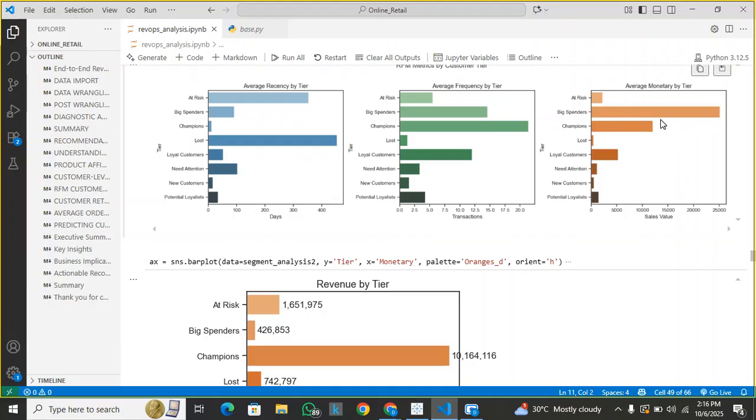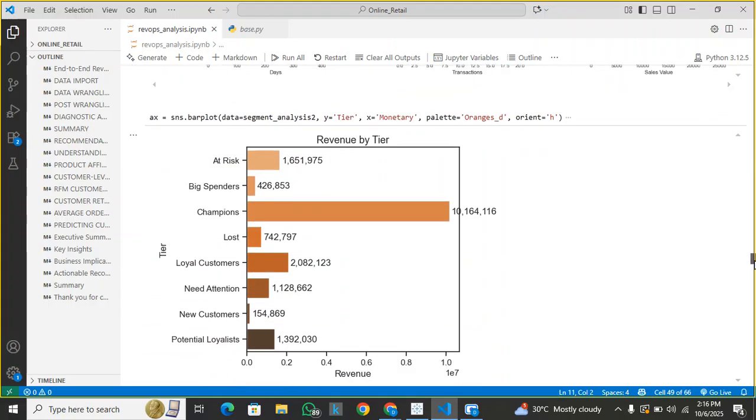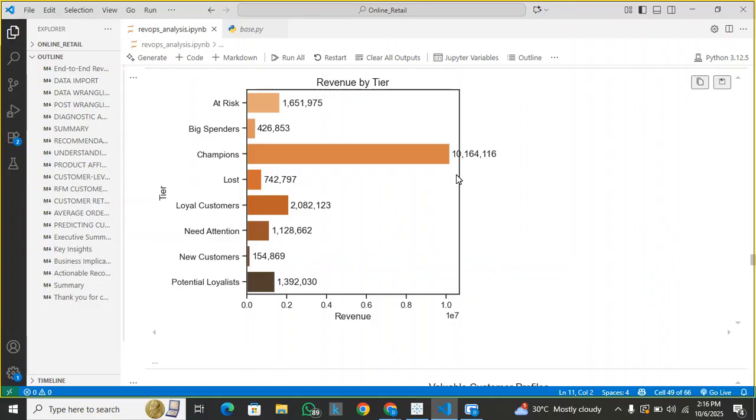The average monetary value by tier, big spenders spend more, of course, and then the champions, followed by loyal customers and at risk. The actual revenue generated by each tier: champions is the highest, 10 million pounds, followed by loyal customers, and then potential loyalists, and then at-risk customers.